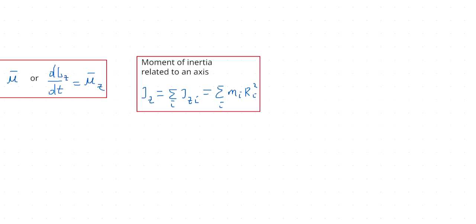We can choose an infinitely small element of the rigid body and calculate its moment of inertia. An infinitely small element has a moment of inertia r to the power of 2 multiplied by the mass of the infinitely small element.